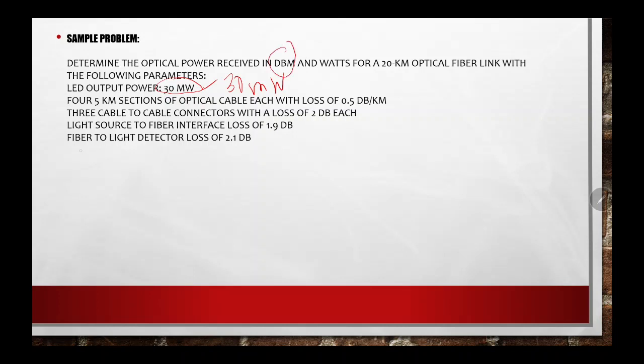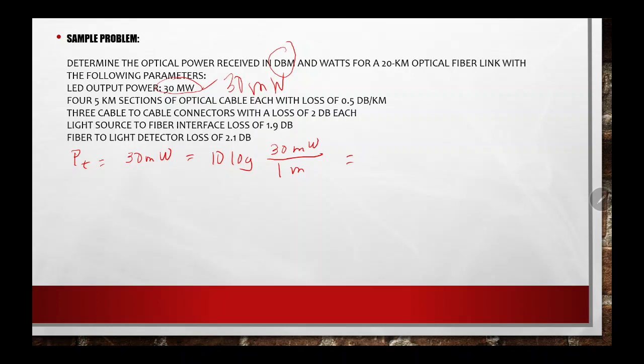Okay, so yung output power, ito yung PT dun sa formula. Yung PT is 30 milliwatts, which is also equal to 10 log 30 milliwatts over 1 milliwatt, para makuha natin yung equivalent niya sa dBm.